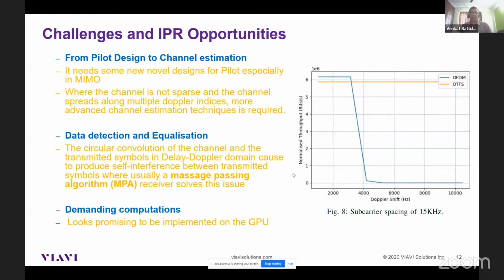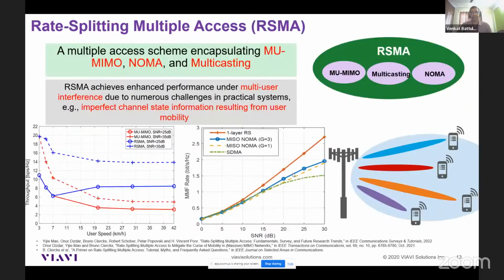You have pilot design, channel estimation, data detection and equalization, and it's demanding. It's more processing, but you get good results. You can see that as the Doppler shift becomes larger, OTFS performs better, and OFDM starts degrading in performance quite rapidly.